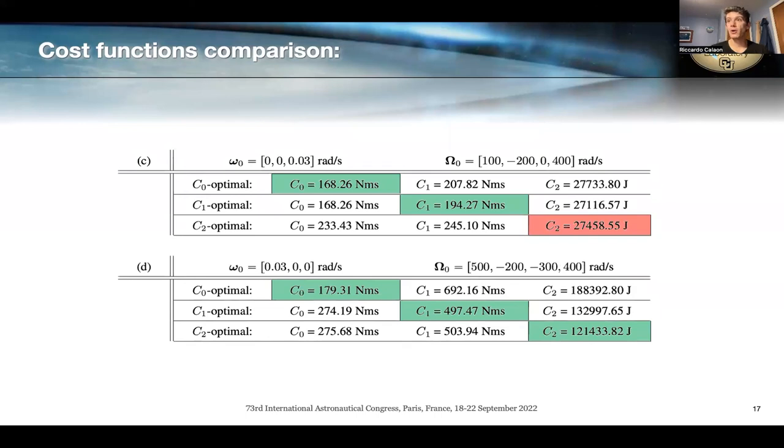And this can be noticed if we observe that the C2 optimal algorithm, which is supposed to compute the optimal C2 cost, is not actually computing the trajectory associated with the optimal C2 cost, because the C2 cost computed for the trajectory obtained with the C1 optimal algorithm is actually better. I will talk more about this in the conclusion in the next slide. Whereas for case number 4, everything also went according to plan.